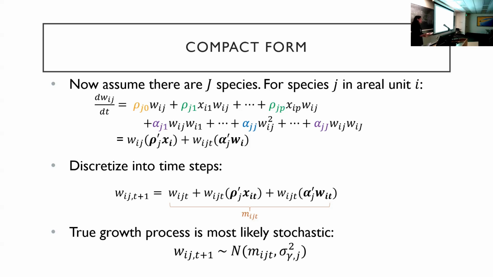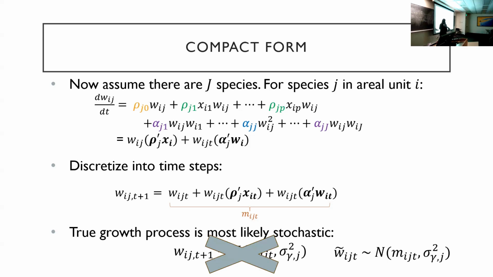In reality, those processes should be happening in the same year, right? And so for notation purposes, the growth process leads to changes in the abundance, not for the next time step, but I'm acknowledging that there's some change. So that's going to be denoted with the W tildes. These W tildes are the post-growth abundances, essentially. But if you want to think of it as next time step, totally fine.